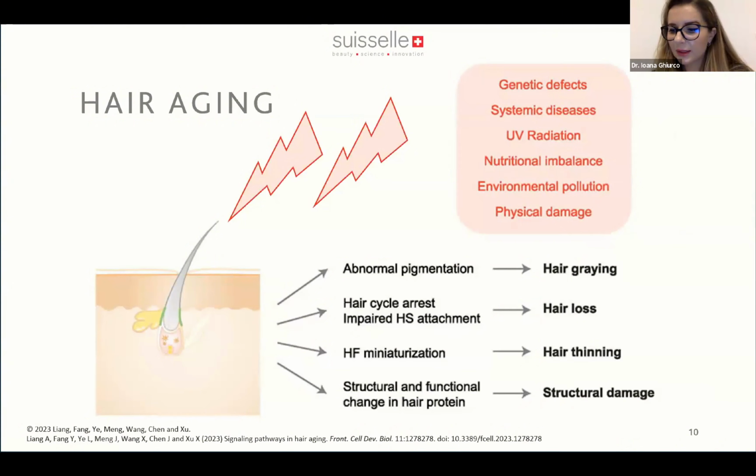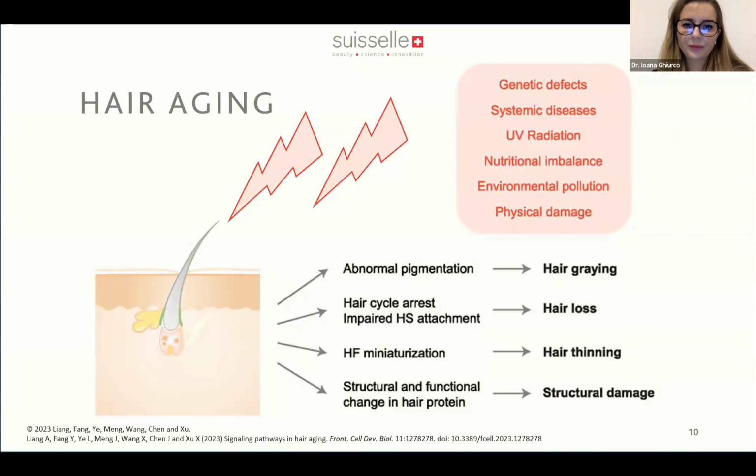Additionally, melanin production declines, so the result will be a graying of the hair. All these changes can be influenced by genetic factors, by hormonal imbalances, by external factors like radiation and pollution, and everything will again contribute to the overall aging appearance of the hair.